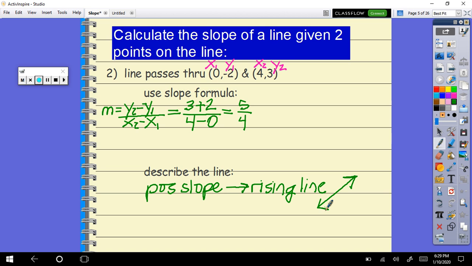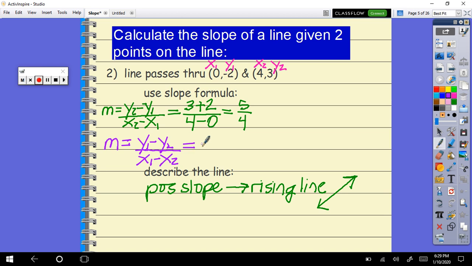Now, I could also, if I wanted to, say that the slope formula is y sub 1 minus y sub 2 over x sub 1 minus x sub 2. As long as I have a difference of y's, which is rise, on top, and a difference of x's, which is run, on bottom, it's going to work out the same.